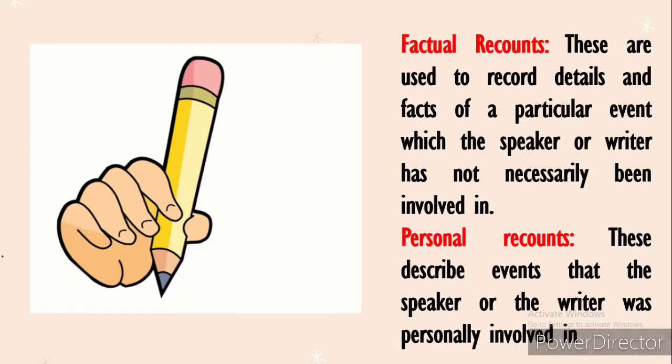We have the factual recount and personal recount. Factual recounts are used to record details and facts of a particular event which the speaker or writer has not necessarily been involved in. On the other hand, personal recounts describe events that the speaker or the writer was personally involved in.